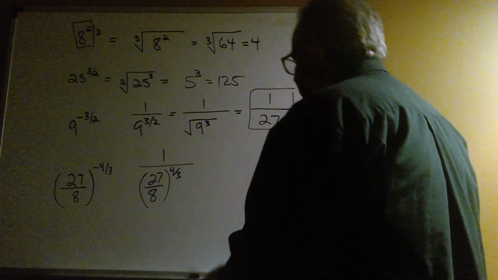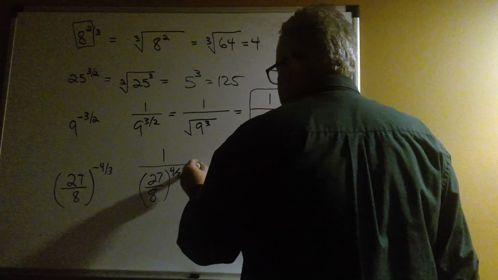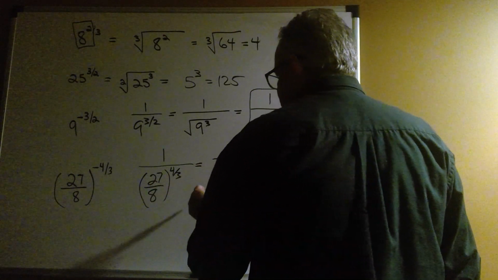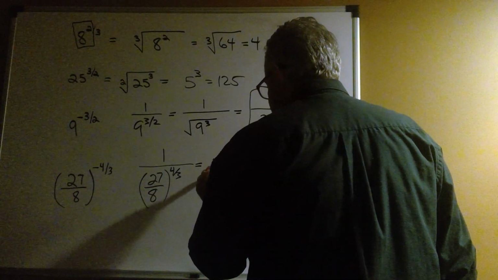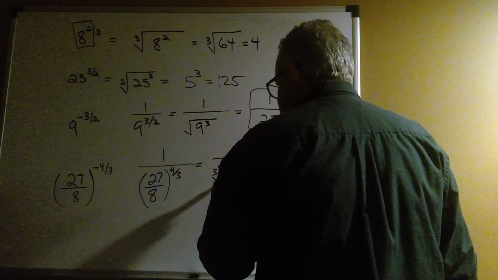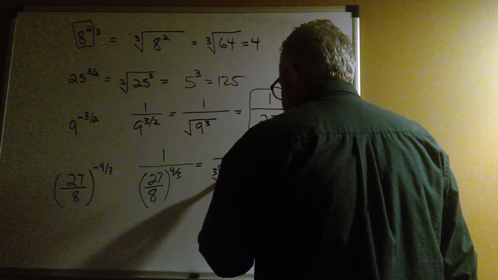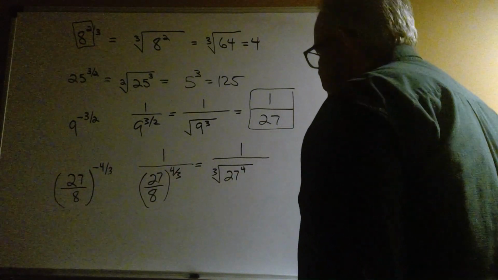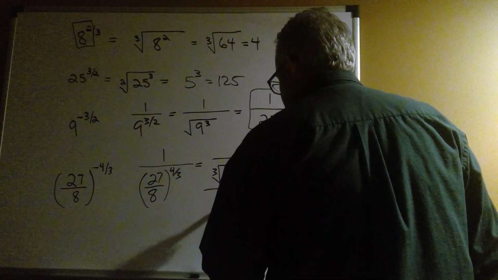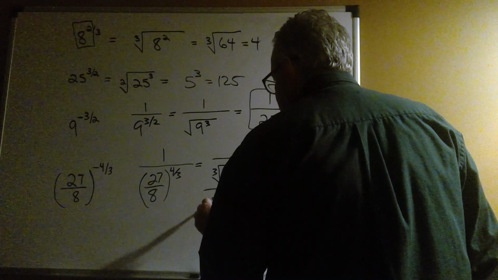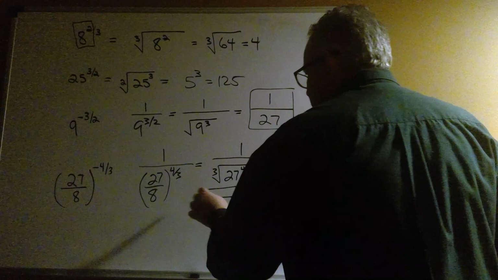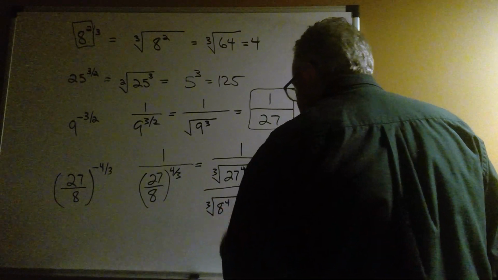And then I can split this up, so this will equal 1 over, and for the 27, I could write that as the cube root of 27 to the 4th power, and that would be over the third root. My denominator is my index of 8 to the fourth power.